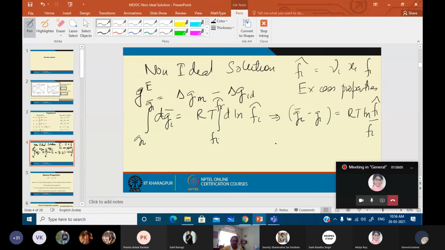That will make your life simpler. Now, if I take delta G of mixture, that means the property change which happened on mixing, what is it? This is nothing but, for each component xi, Gi bar minus Gi, summed over i equals 1 to N.